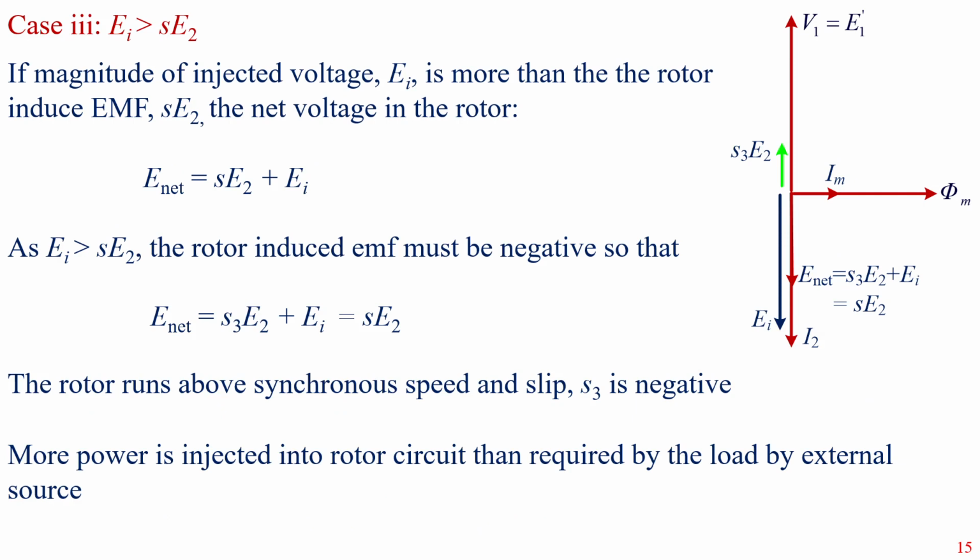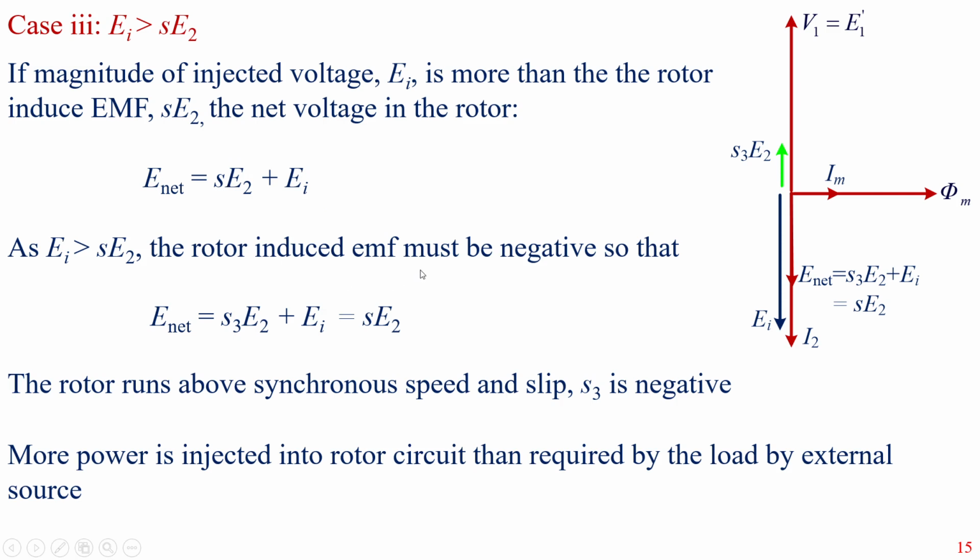Here in this case, the magnitude of injected voltage is more than the rotor induced EMF. So the net voltage equals SE2 plus EI, as the magnitude of injected voltage is more than the rotor induced EMF.